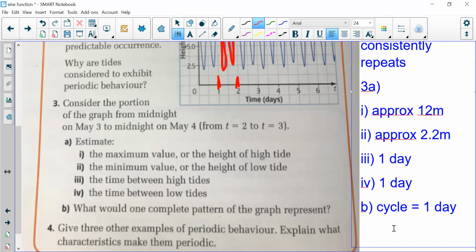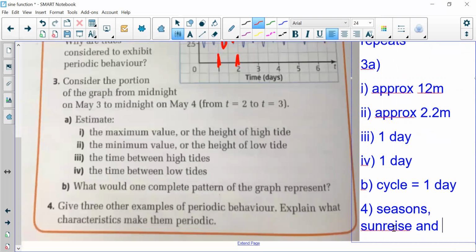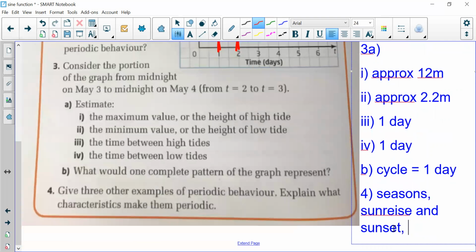Number 4 says, give 3 other examples of periodic behavior. What do you think are things? It could be in nature or things you can think of. What has seasons? Sunrise and sunset. One more.